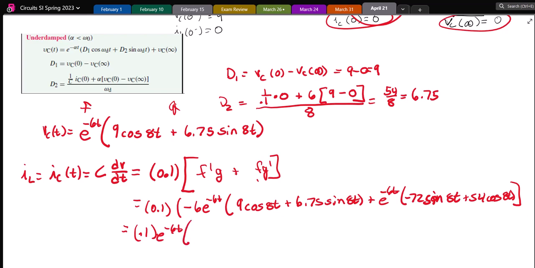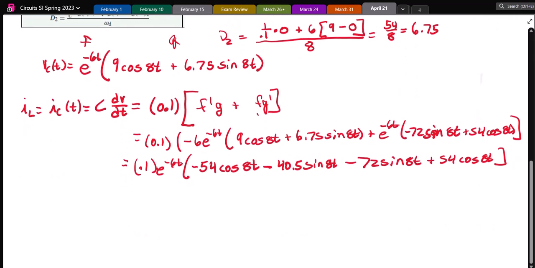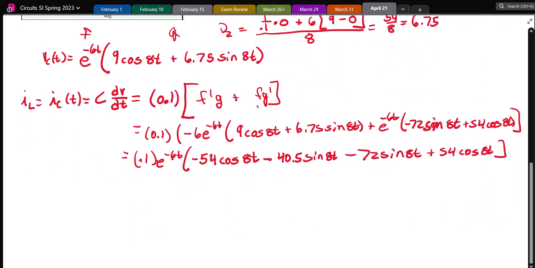I can distribute the minus 6 and get negative 54 cosine 8t, and then one nice thing happens: the 54 cosine 8t and the negative 54 cosine 8t cancel.